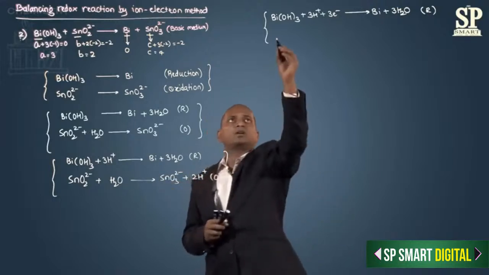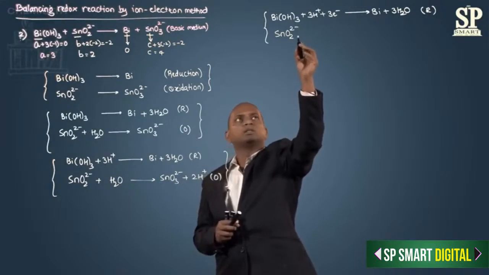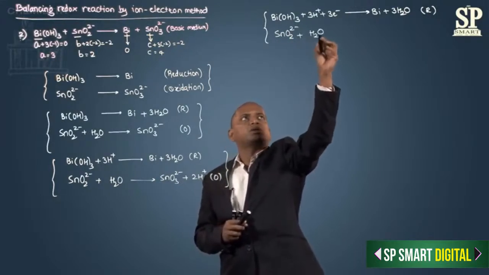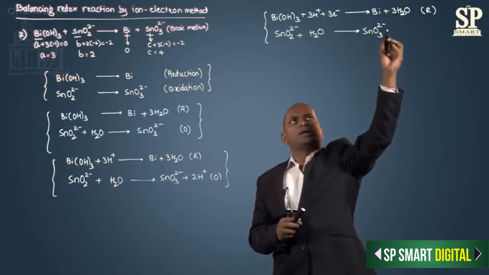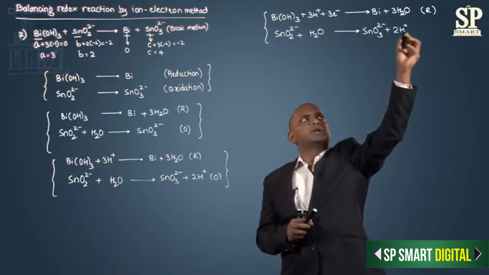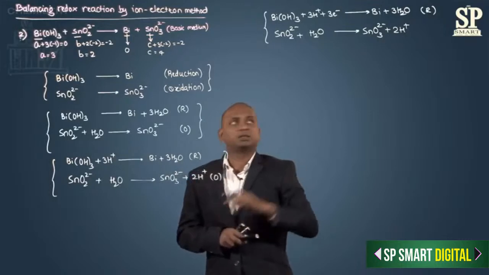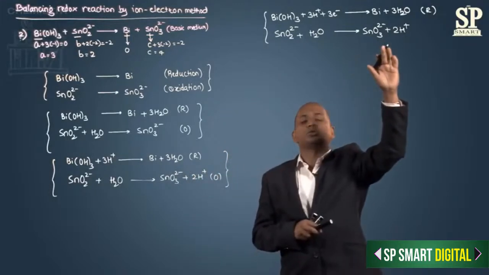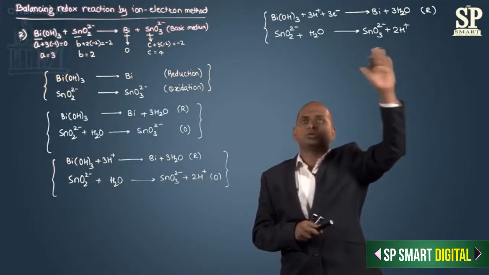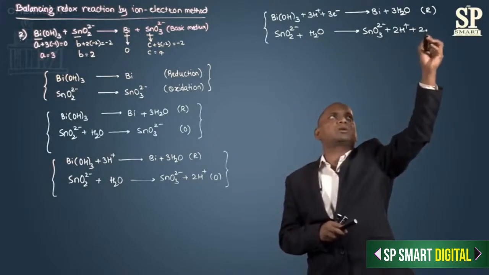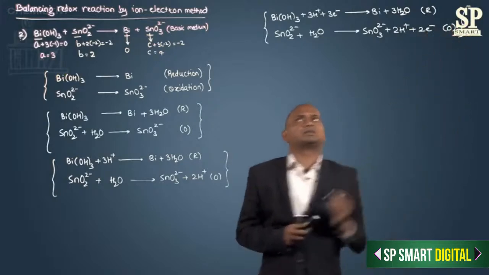For the next oxidation reaction, SnO2 2 minus plus H2O gives you SnO3 2 minus plus 2H plus. So this side there is a minus 2 charge. Here it is minus 2 plus 2, means 0 charge. So I need to add 2 electrons on this side. So this is my oxidation process.